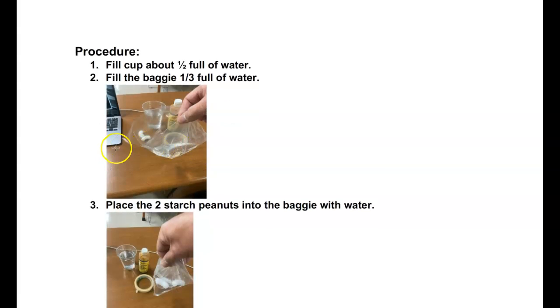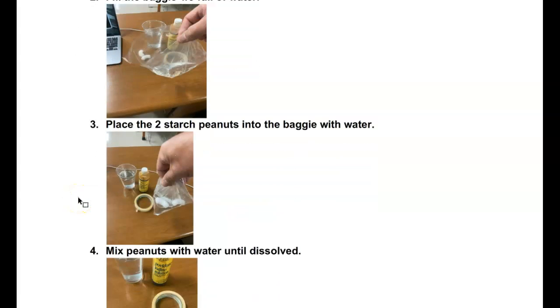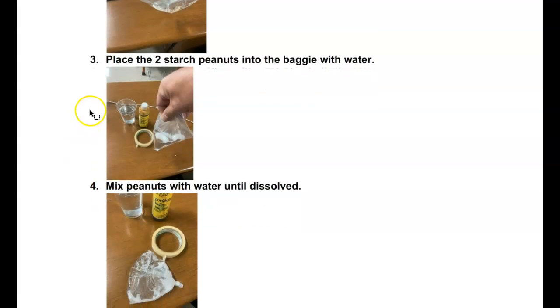So the procedure: we fill up the cup about half full of water. Then you take the baggie and fill it 1/3 or so of water. Place the 2 starch peanuts into the baggie.